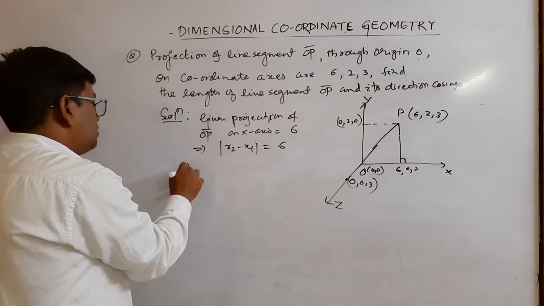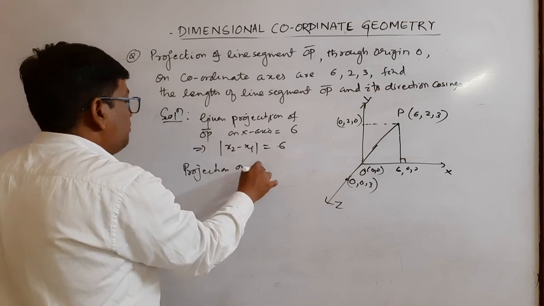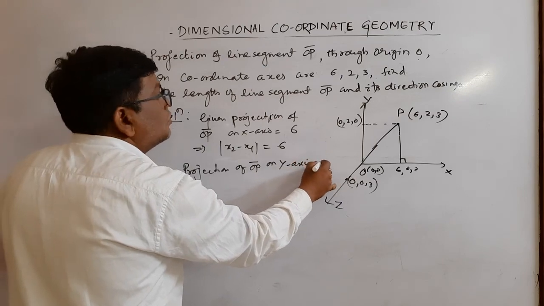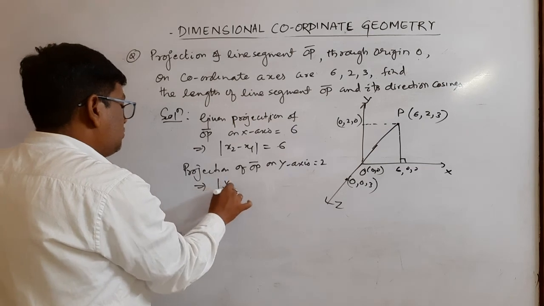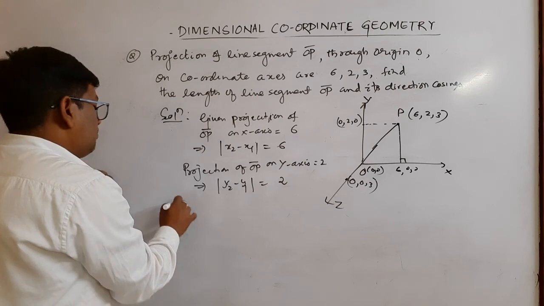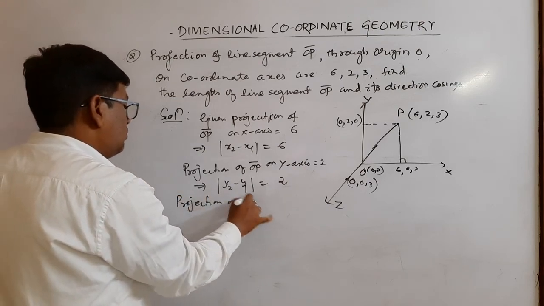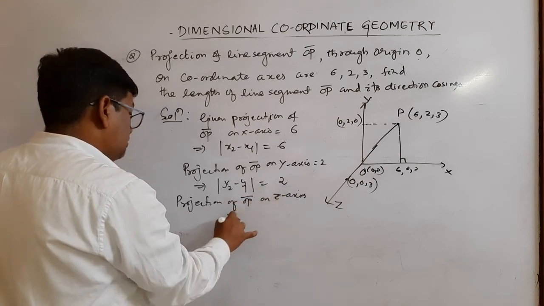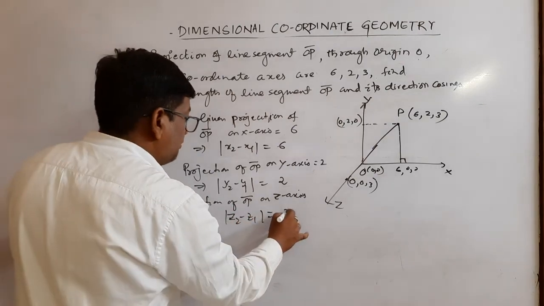Similarly, projection of OP on y axis is 2, that implies y2 minus y1 is equal to 2. Projection of OP on z axis, that is z2 minus z1 by formula, this is equal to 3.